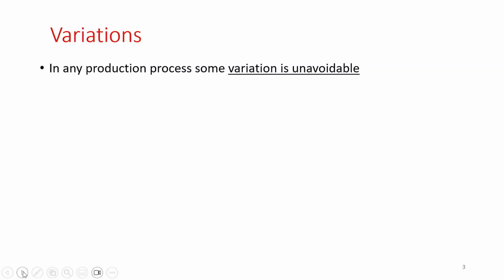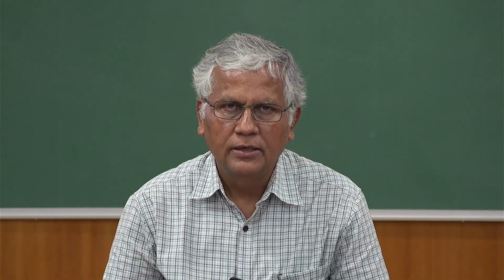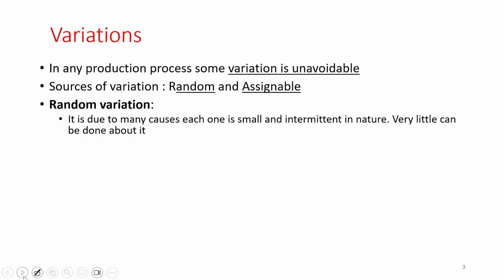Now, variations we have already discussed. In any production process, variations are unavoidable, and sources of variations could be either random or because of some assignable reasons. Some reasons are random in nature, and there are some reasons which are assignable. That is, we can find out that there is a specific reason behind this, and maybe we'll be able to regulate it or control it.